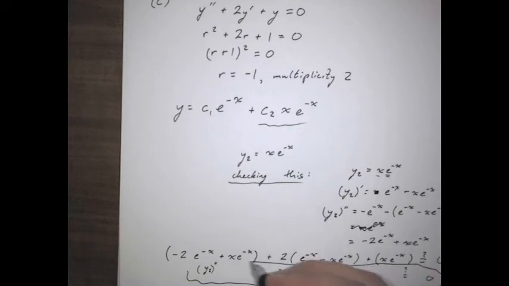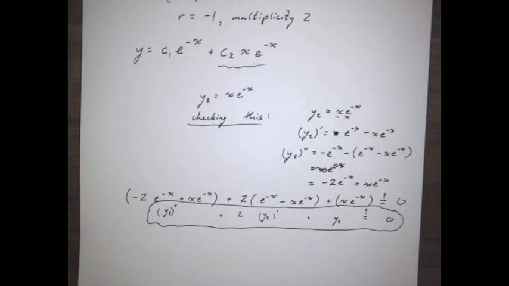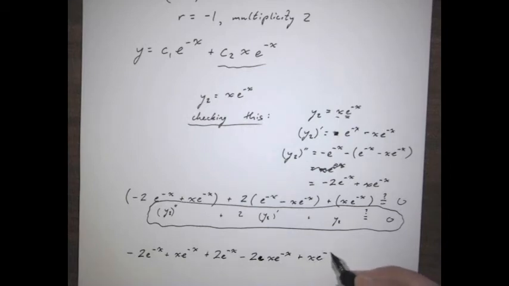So this is the commentary check. If I were to perform all the algebra as necessary, will I get what I need to get? So negative 2 e to the negative x plus x e to the negative x plus 2 e to the negative x minus 2x e to the negative x plus x e to the negative x.